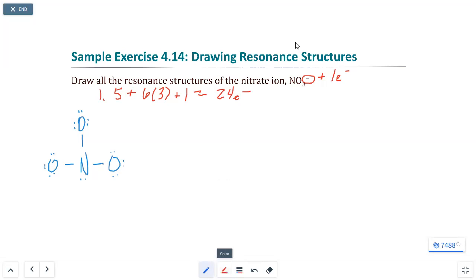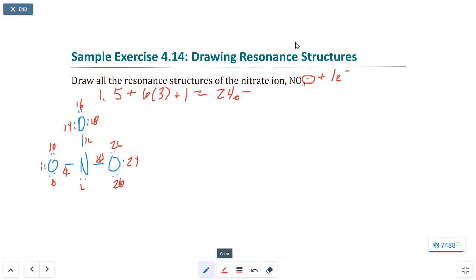If I count it out, 2, 4, 6, 8, 10, 12, 14, 16, 18, 20, 22, 24, 26.